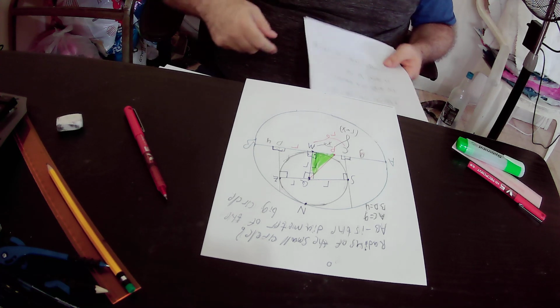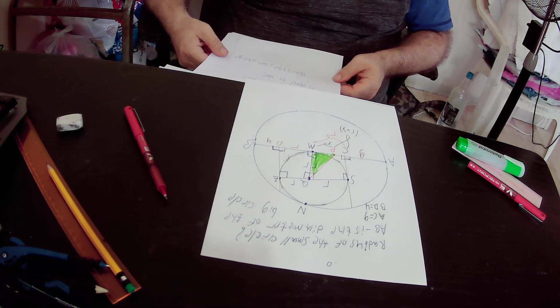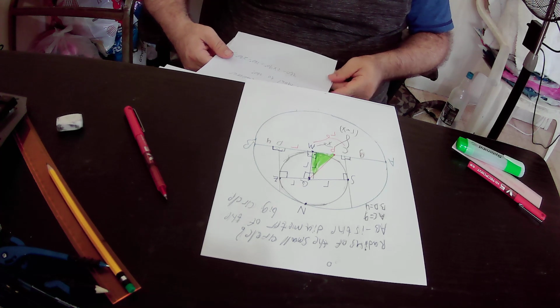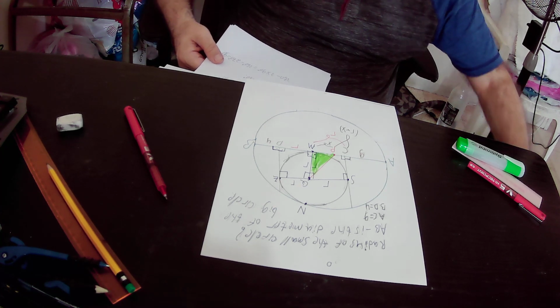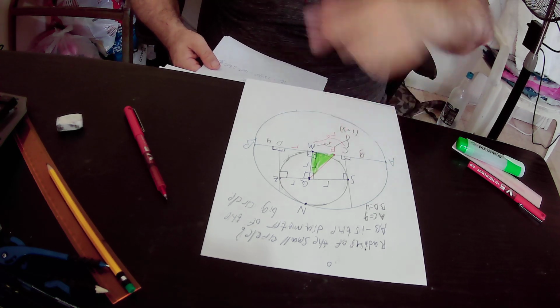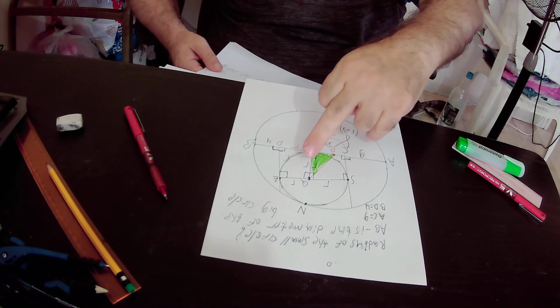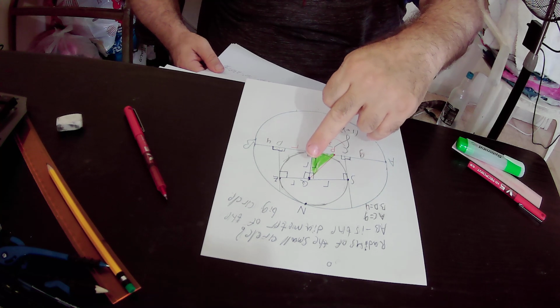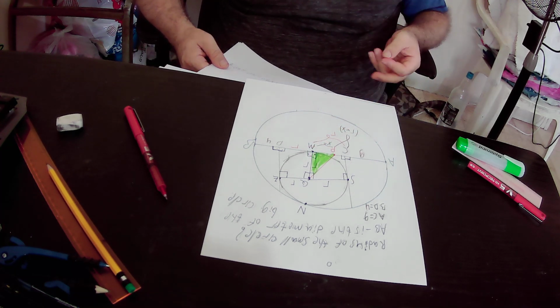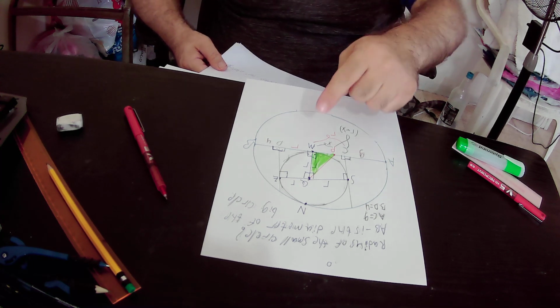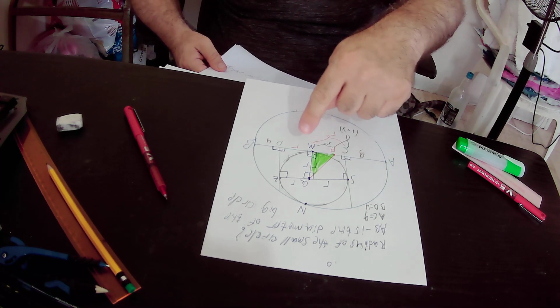Okay, so if we look at the quadrilateral QZMN, we have here three right angles.